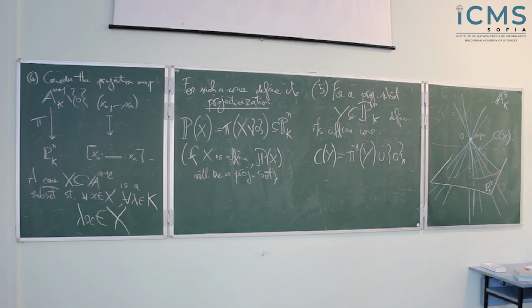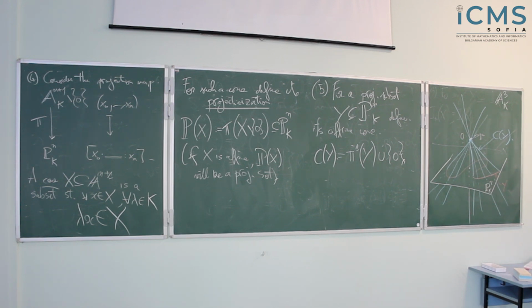And in a reverse manner, if I have a cone, an object like this, I'll just take its trace onto this piece of the projective space to give me what's supposed to be associated there.